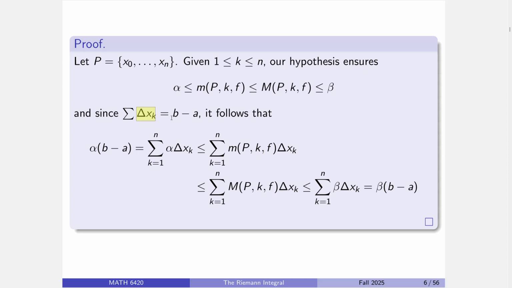We know that the sum of all the deltas is b minus a, so then it's just follow your nose on that. We know this will add up to that, and we know these are less than those, and hey, there you go, there is our lower Darboux sum, there is our upper Darboux sum, and that's proven.